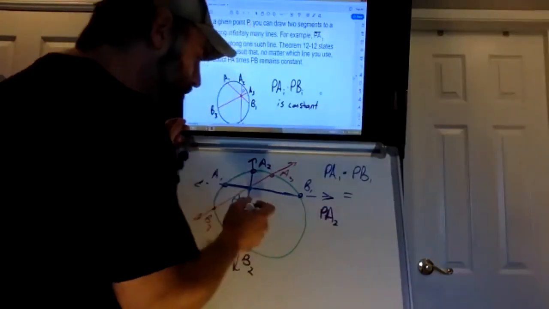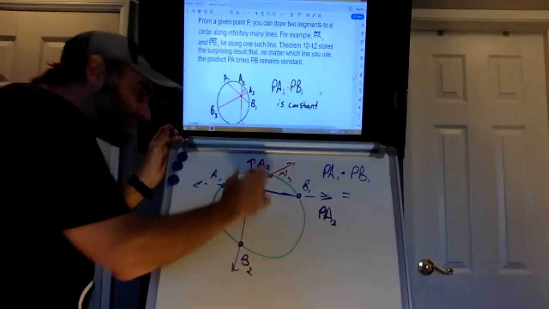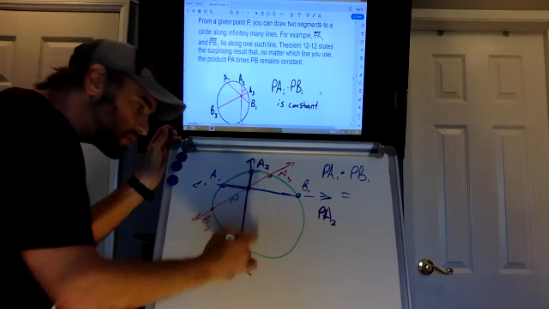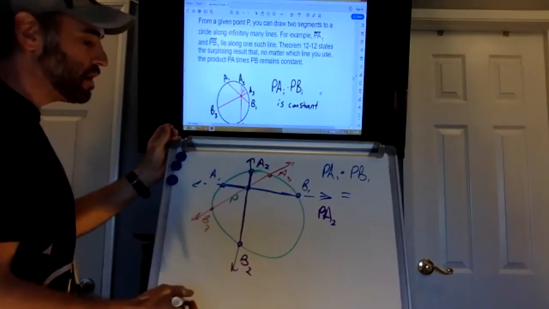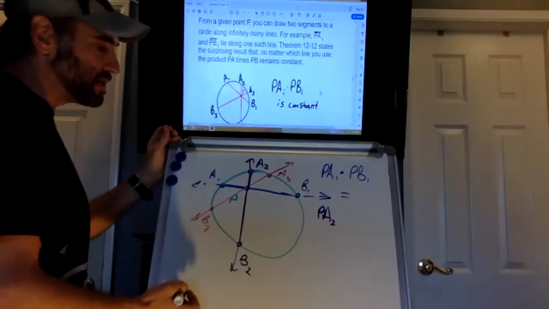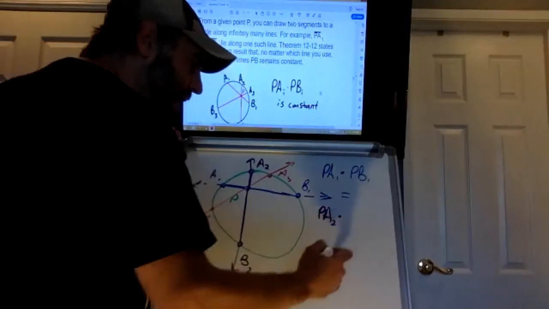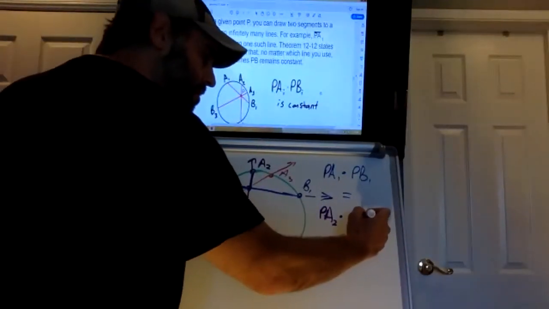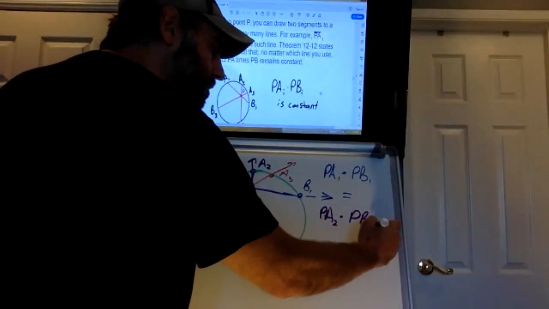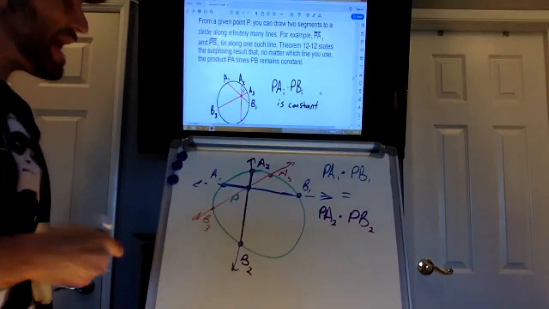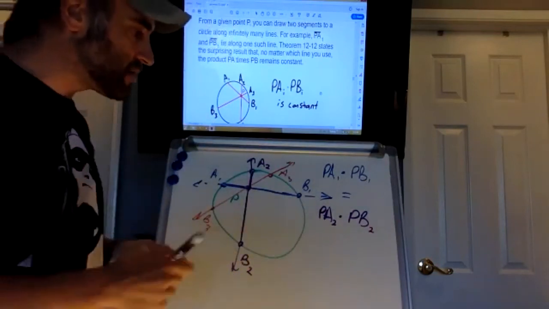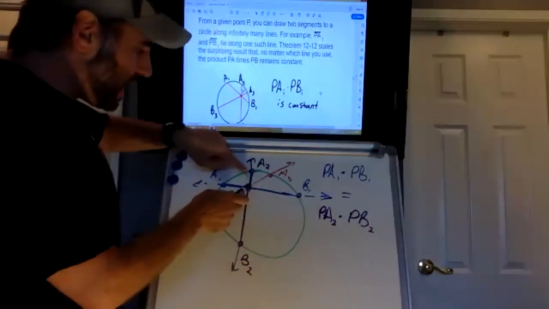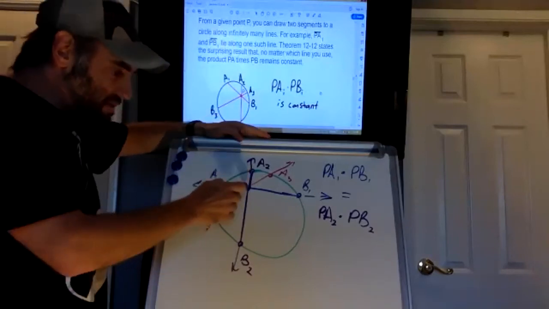P times A2, so P times A2 here, times this one. This is going to be really helpful. We're going to solve some really cool problems with this. That is multiplied times PB2. PA2 is not P times A2. It's a segment, PA2. This segment times that segment.